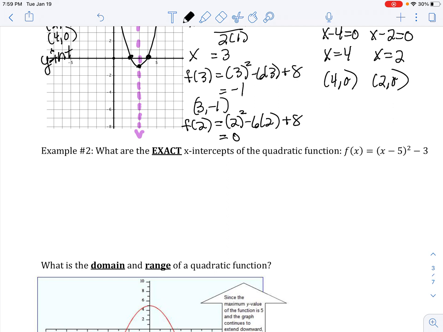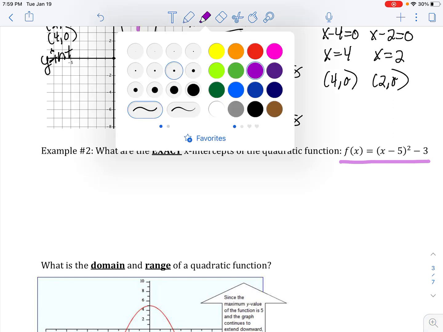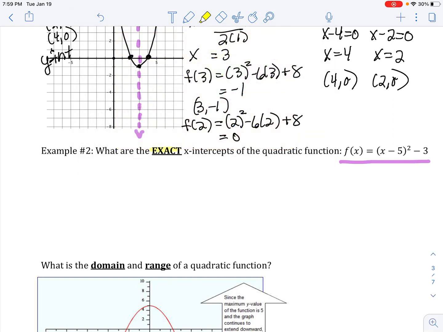Let's look at example 2, where the quadratic is not in standard form, it's in vertex form. Notice I highlighted this, and it's bold, capital letters, and it says exact. And notice I don't have a graph there, so we're not going to graph to find them.